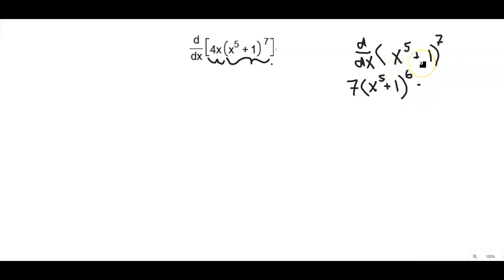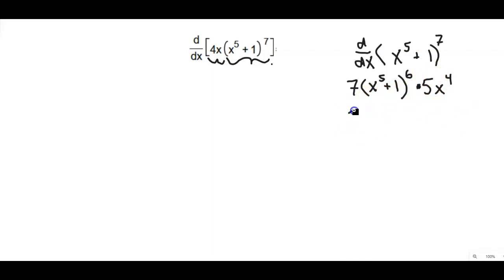We can use the sum and difference rule to do these separately. The 1 is just going to zero out. So we just have to take the derivative of x to the fifth, which, applying the power rule, is 5x to the fourth. So times 5x to the fourth power. Then we can combine and simplify a little bit.